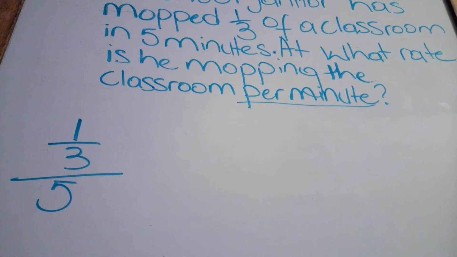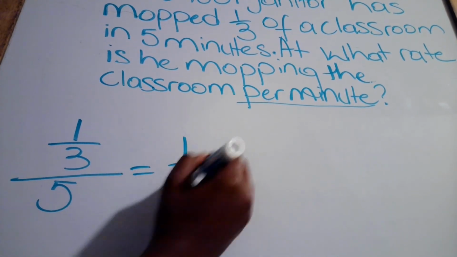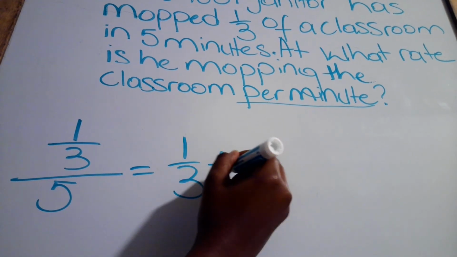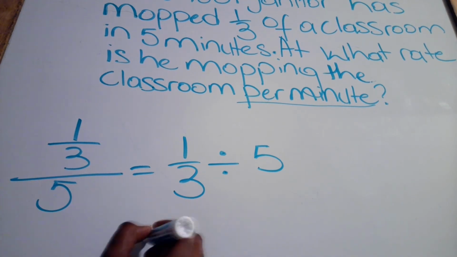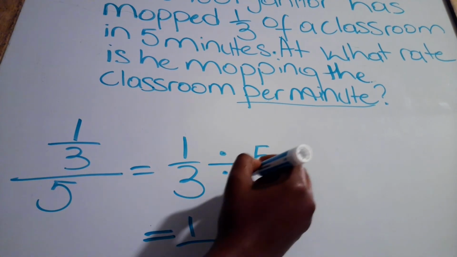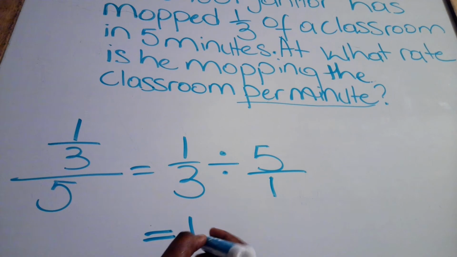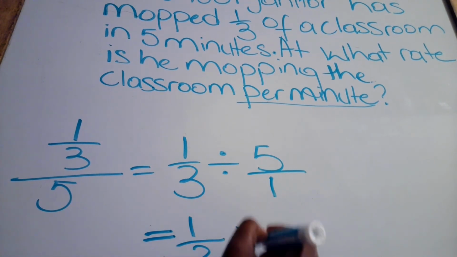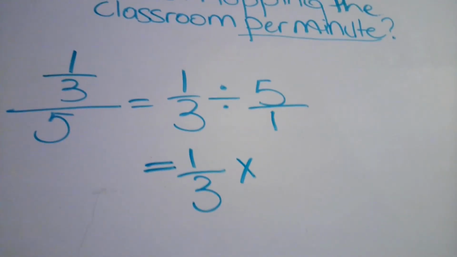What is this fraction saying to us? This is saying 1/3 divided by 5, which is equal to... remember, dividing fractions, we can change the whole number to a fraction. We change the division sign to multiplication, and we flip.